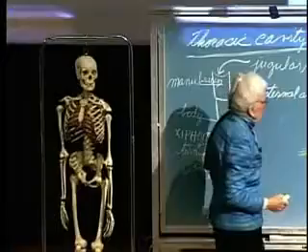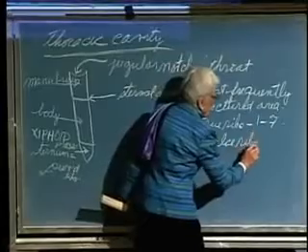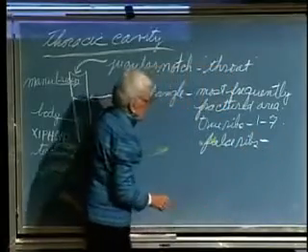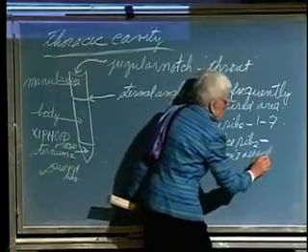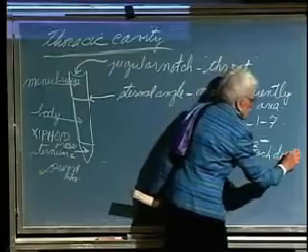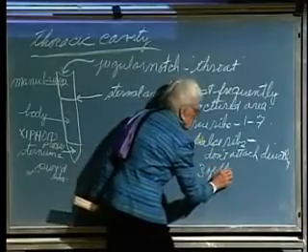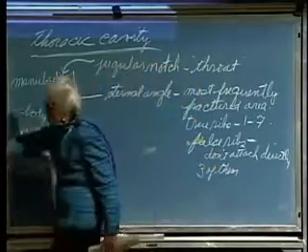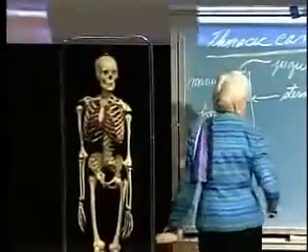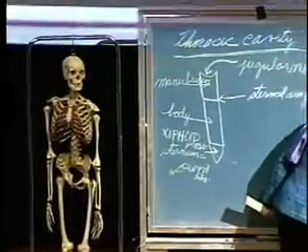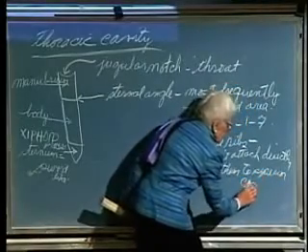Then we have 5 false ribs. They don't attach directly to the sternum. 3 of them attach to the superior costal cartilage. They just come up and insert in the costal cartilage.